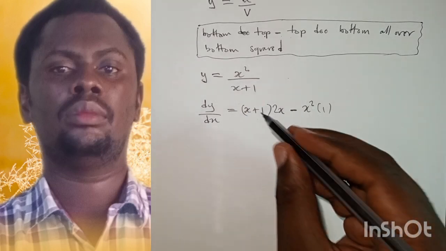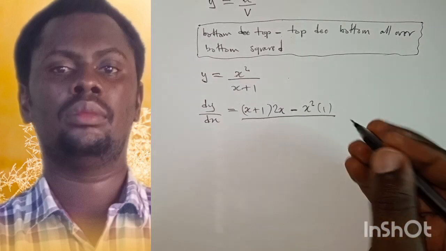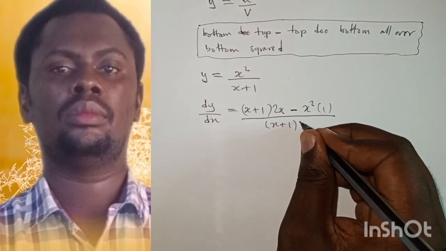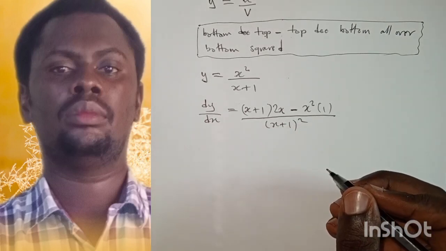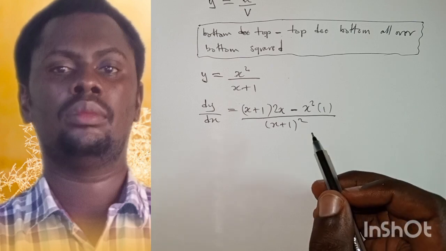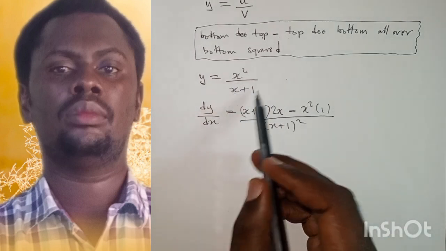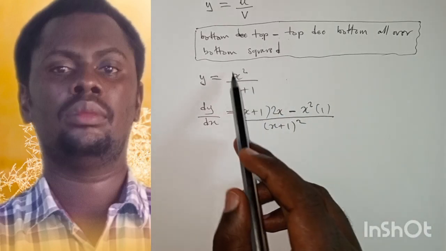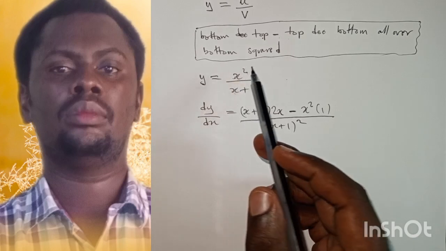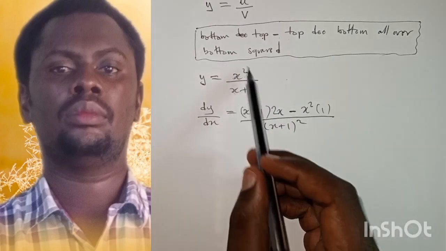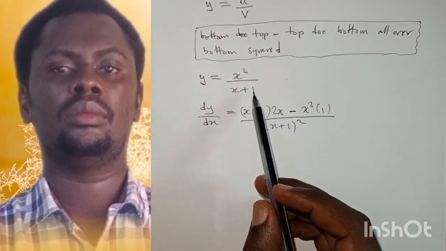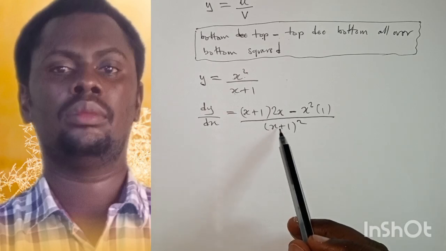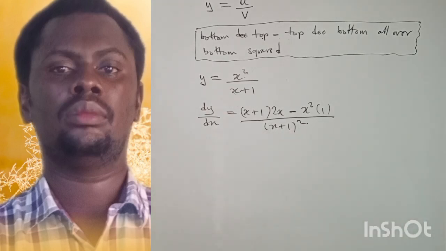Then everything divided by the denominator squared, so x plus 1 squared. Okay, let me go through it again. It's bottom the top: you make the denominator constant, you differentiate the numerator, then minus top the bottom: you make the numerator constant, you differentiate the denominator, then divided by the denominator squared.